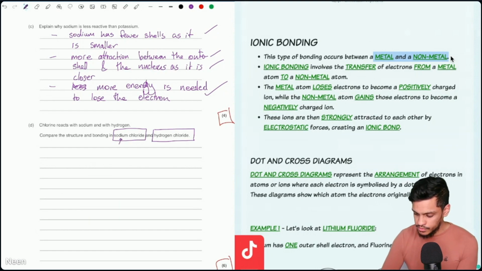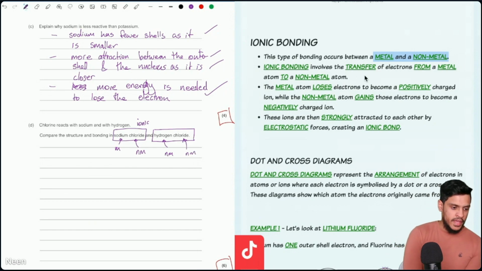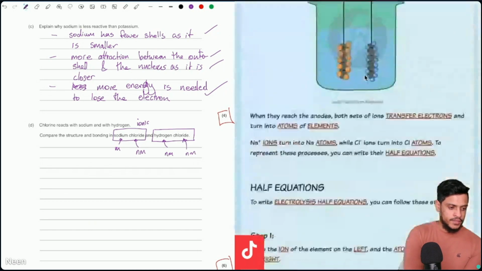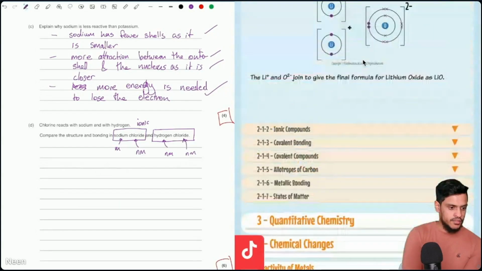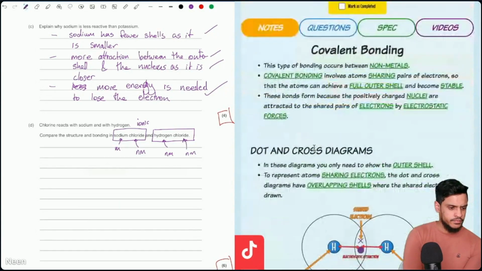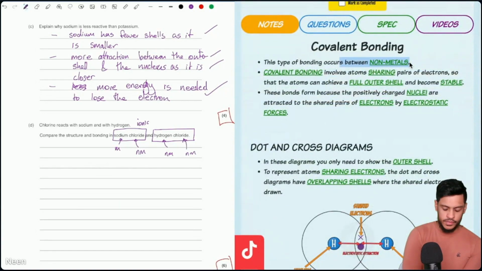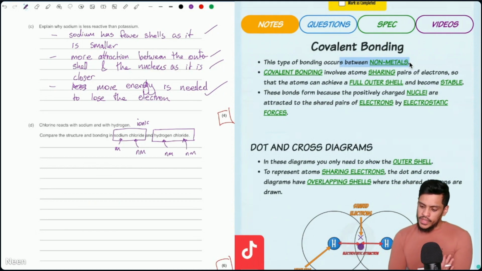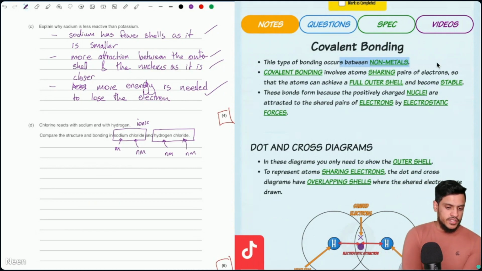So sodium's a metal, chlorine is a non-metal. So that makes this ionic. Here we got hydrogen, which is a non-metal, and chlorine, which is a non-metal. That is covalent. Covalent occurs between non-metals.